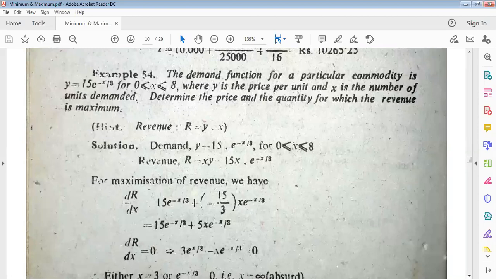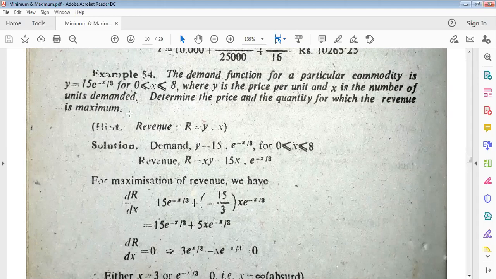Another example, number 54. The demand function for a particular commodity is y equals 15 e to the power minus x by 3, for 0 less than or equal to x less than or equal to 8. That means x lies between 0 and 8. Here y is the price per unit and x is the number of units demanded.